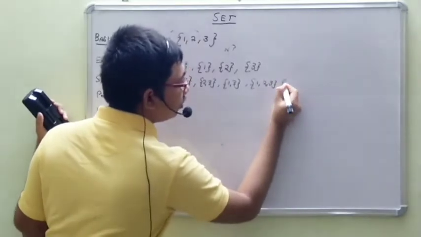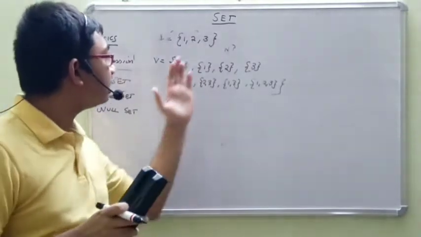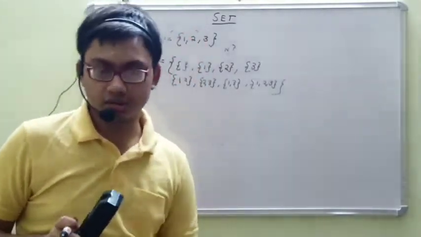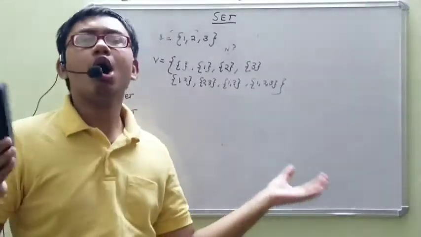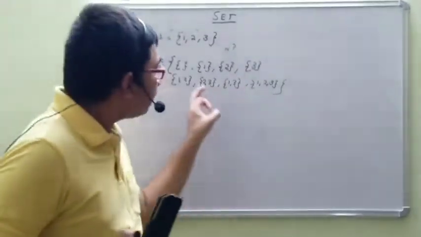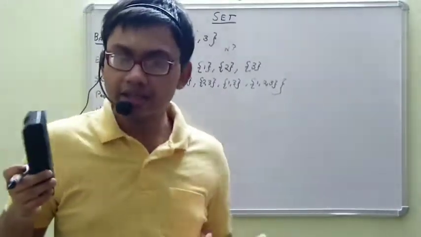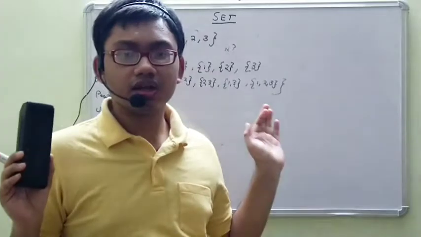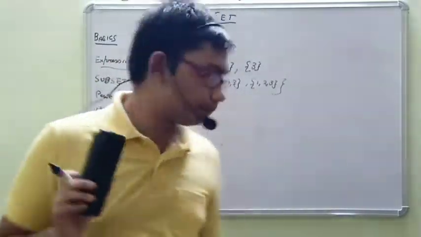This big set is called the power set of this set because it contains all the subsets of this particular set, whether they are the null set or they are equal to the given set. It contains all the subsets, whether they are proper or improper, and a collection of subsets of the given set is called a power set.